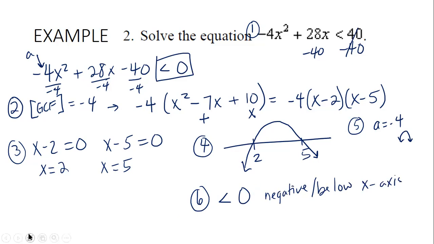The other way. So I have 2, it's split, right? I'm below here and I'm below here. So when I describe this, these values are what? X is less than 2 and x is greater than 5.